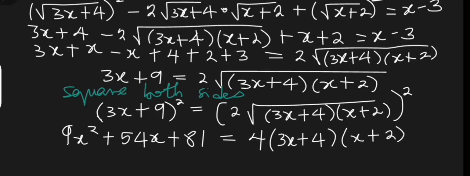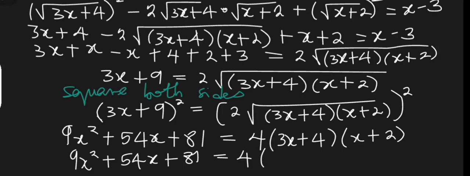Then the expression on the right is expanded so that on the left we still have 9x squared plus 54x plus 81, while on the right it is 4 times 3x squared plus 10x plus 8.